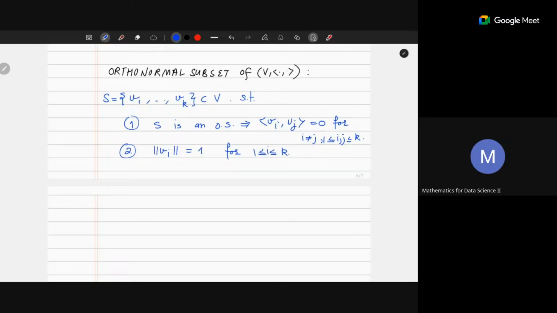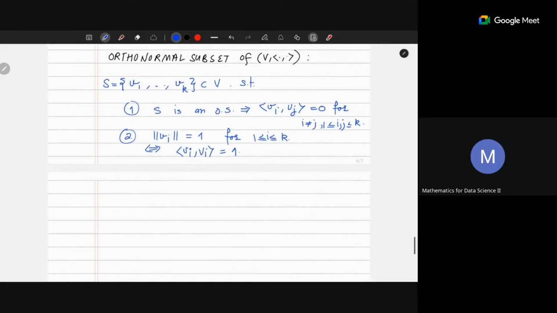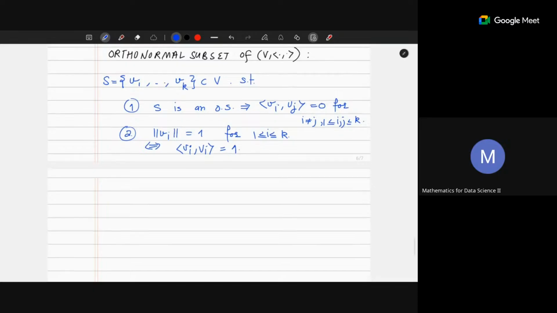The second condition says the norm of vi is 1, which is equivalent to saying that the inner product of vi with itself is 1. All right. So this is what the orthonormal subset looks like.